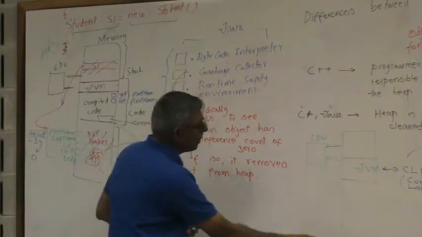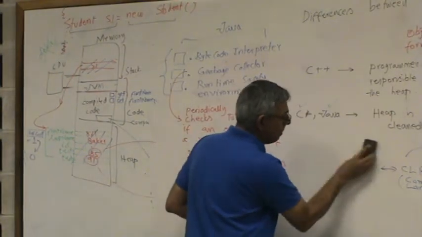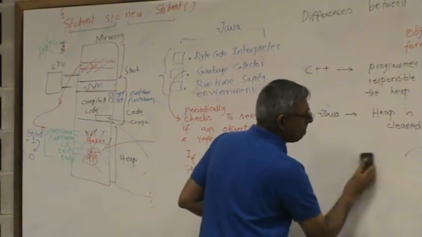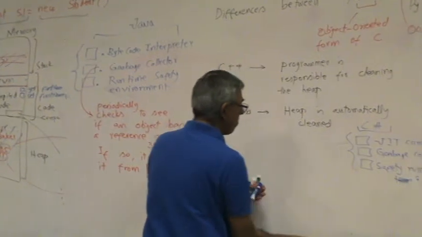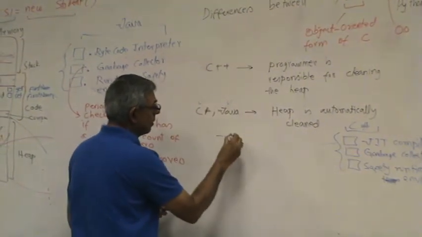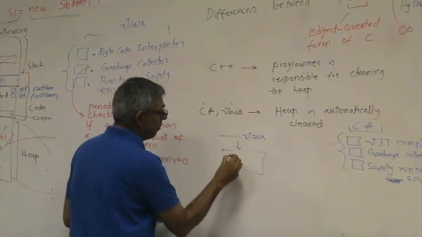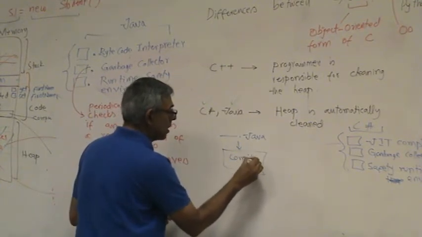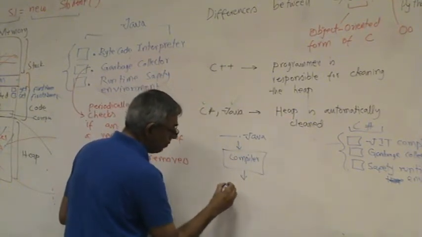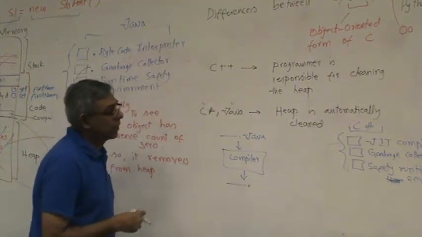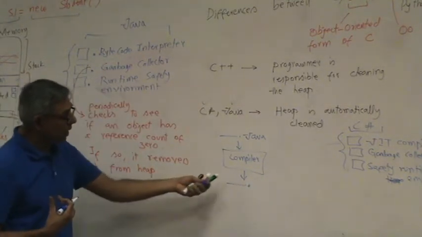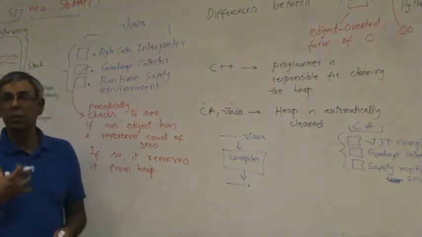Okay, if we are writing a Java program, so suppose you created some Java program, you will run it through a compiler. Compiler produces, see, normally if we run it through a compiler, what kind of code does it produce?